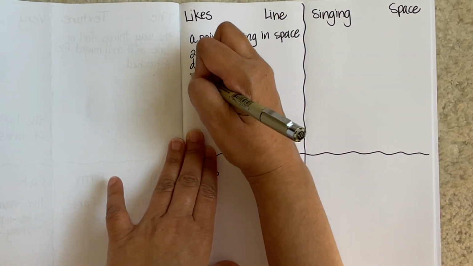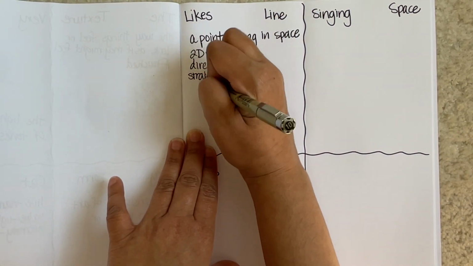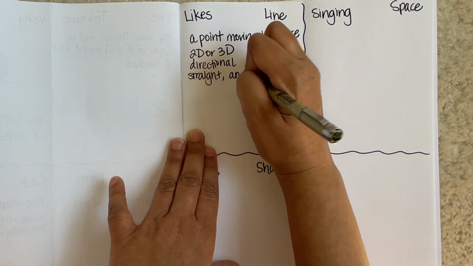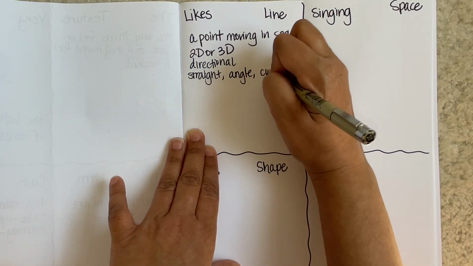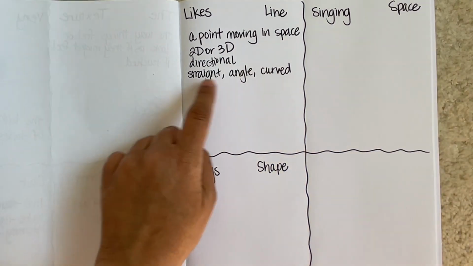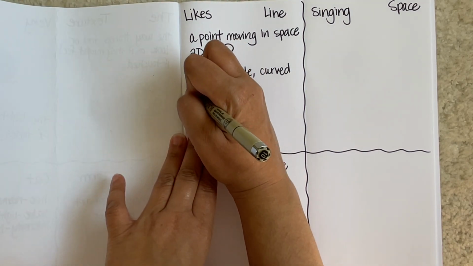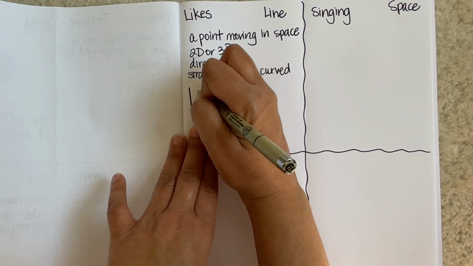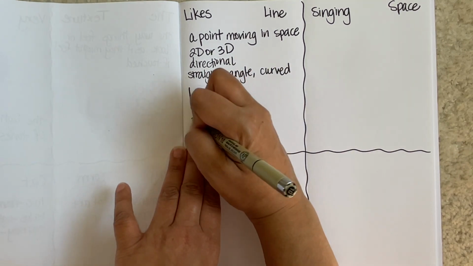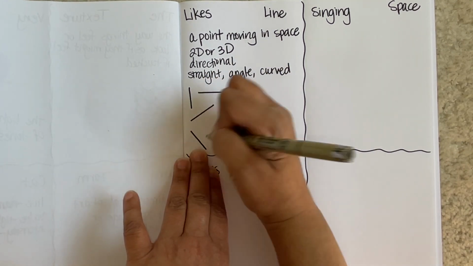Lines can be straight, at an angle, or curved. And there are different kinds under each one that have different names, but these are kind of like the three main. So for straight, it can be vertical or horizontal or diagonal.